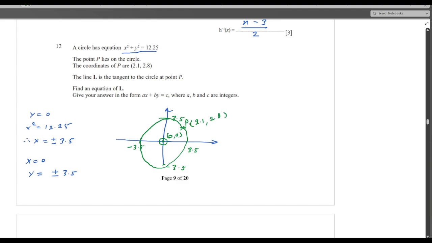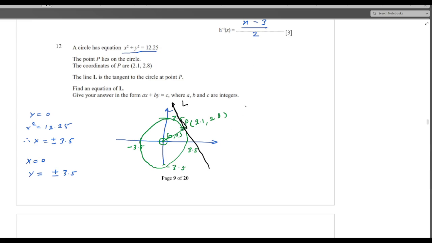Now if I join this point P with O, then OP is going to be perpendicular to your line L. Your line L is tangent at this point P, so your line is going something like this. Your line L is perpendicular to your line OP.